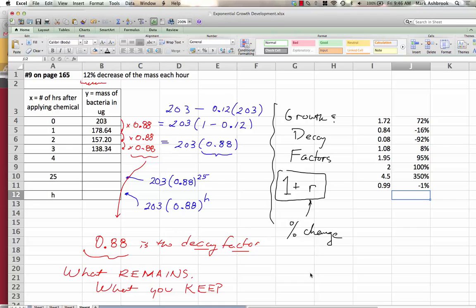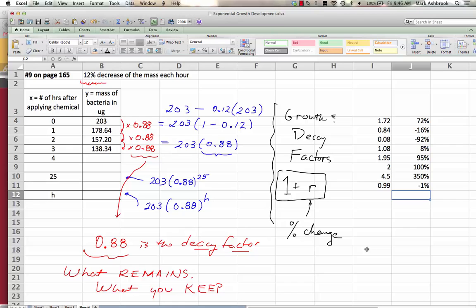Okay. So in lots of these situations, what they'll often ask you is, given an amount, let's say we want to know when the bacteria mass reaches, say, 50 micrograms.